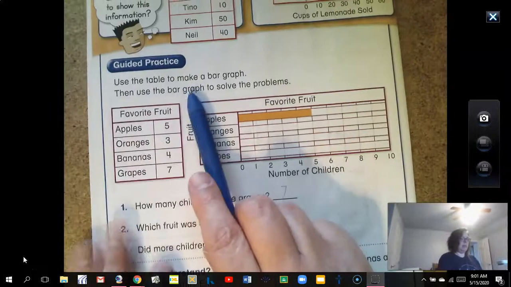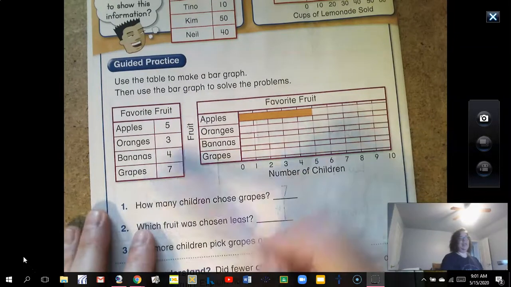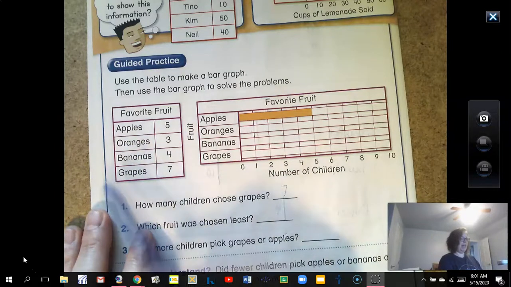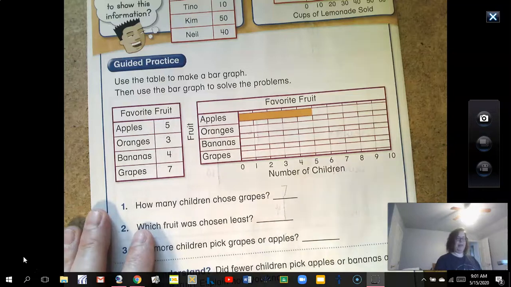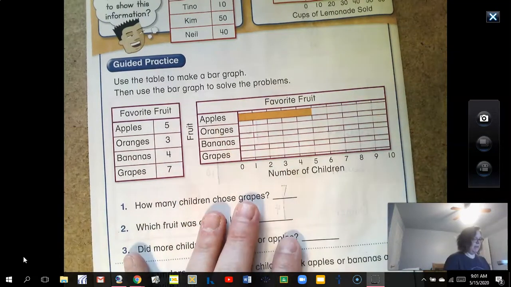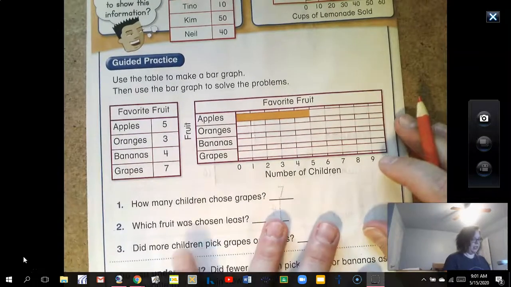Use the table to make a bar graph. Then use the bar graph to solve the problems. Again, read the table. Favorite fruit, apples 5, oranges 3, bananas 4, grapes 7. Okay, so apples. They already have that filled out to 5. We're going to do oranges.